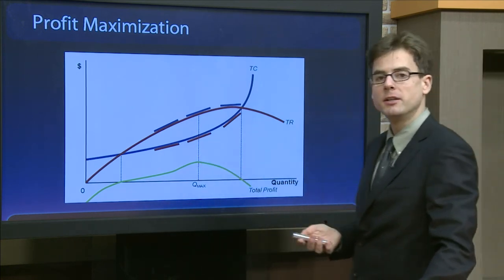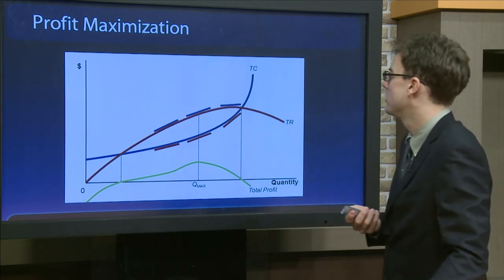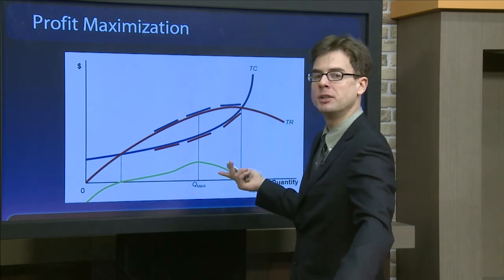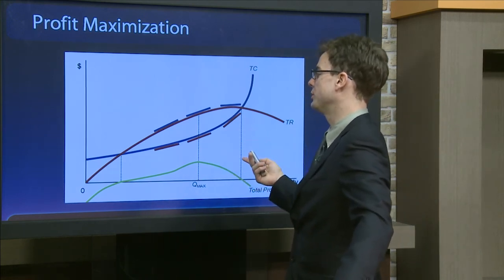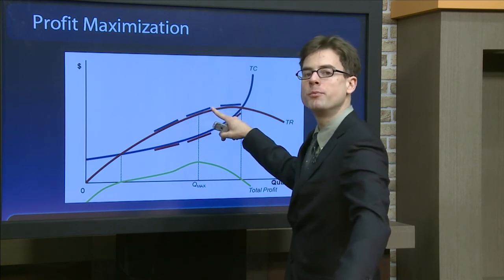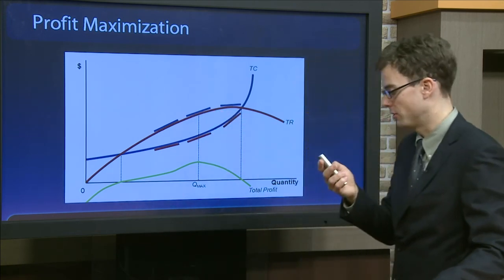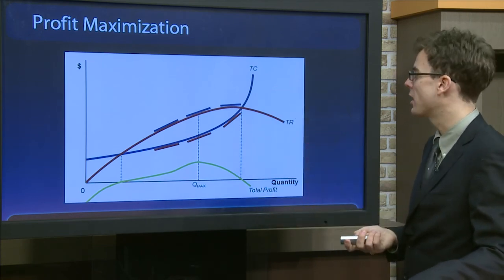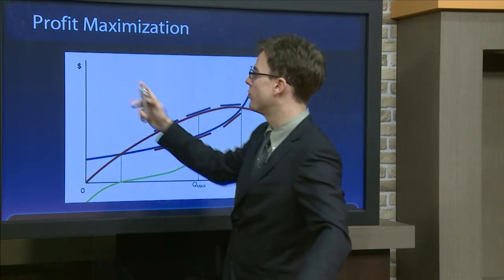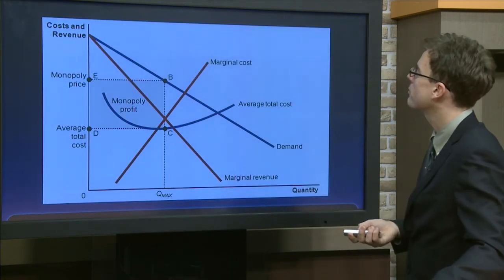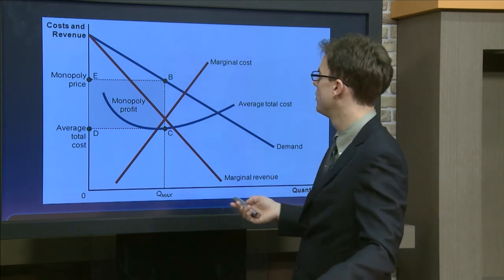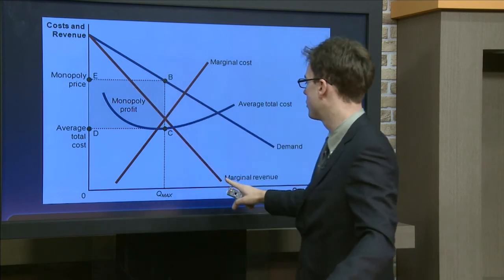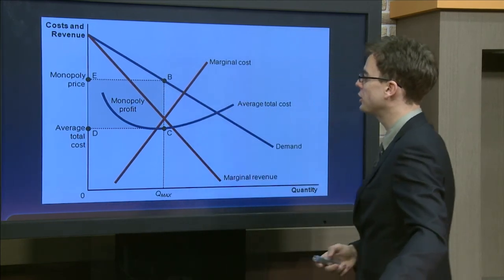So just like in the previous chapter, we can say that the profit maximizing decision is for the monopolist to produce where marginal revenue is equal to marginal cost of production. Drawing the same discussion on a graph with dollars per unit, we can draw the demand curve, marginal revenue curve, and marginal cost curve of production.